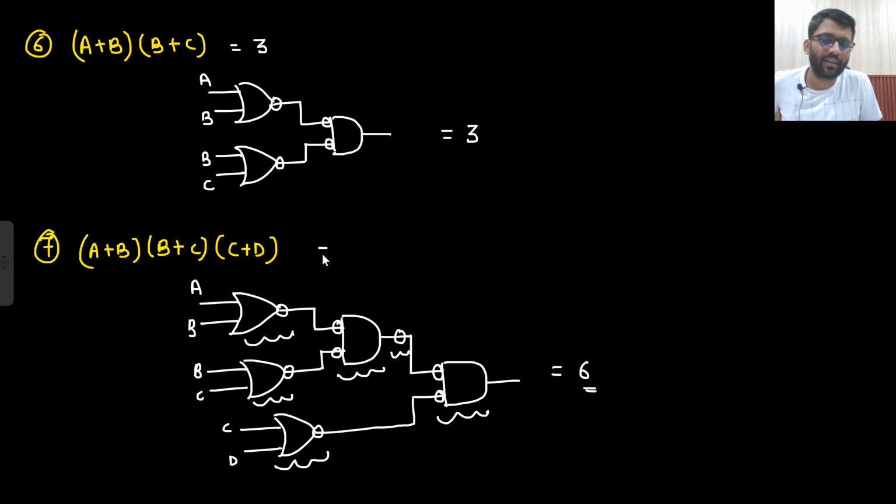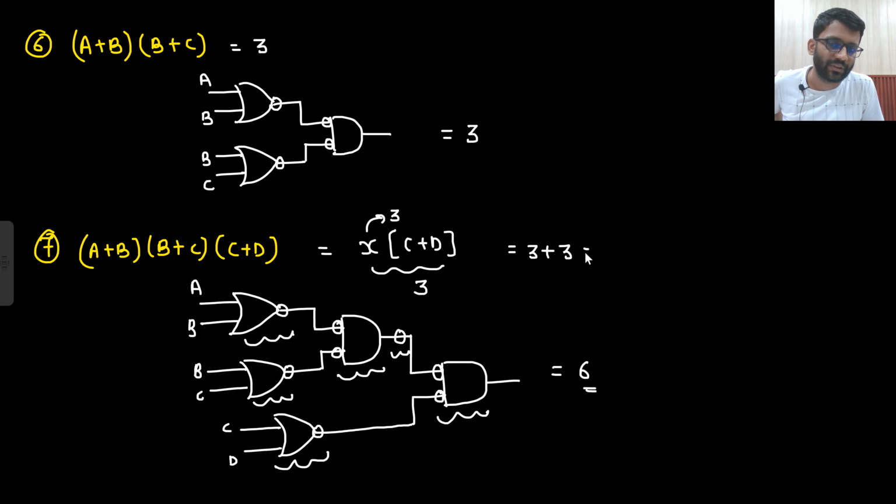How will you do it? A plus B into B plus C will take you 3. So I can assume this as X. So X into C plus D. A plus B into C, then another 3 will take. So this will take 3 and this will also take 3. So the answer is 3 plus 3, 6. So this is how you could also have solved it. Right? So this will take me 6.